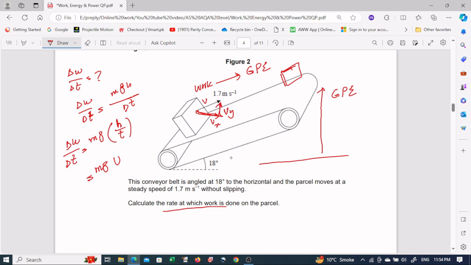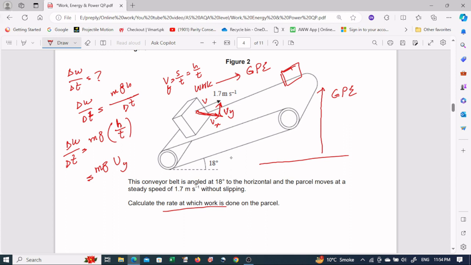So we write Vy only, because speed is defined as distance over time. So here distance is h over t. Only the vertical component is utilized, because the parcel is moving vertically. So its vertical component is the effective component here.